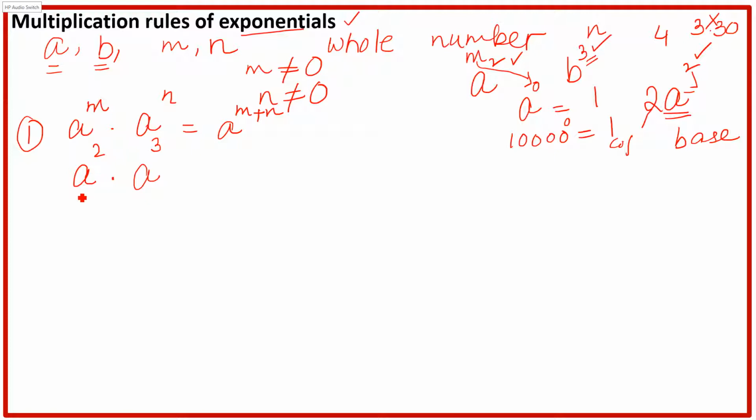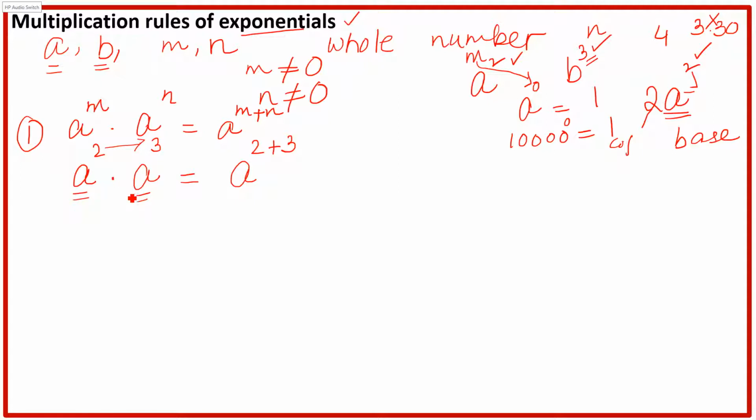They both have the same base. If we have the same base, here A and A, then we add their exponents or powers. We write down A only one time, and then 2 plus 3. This is the first rule.